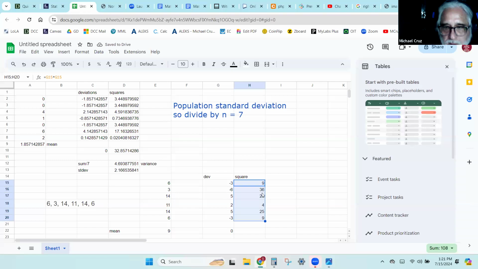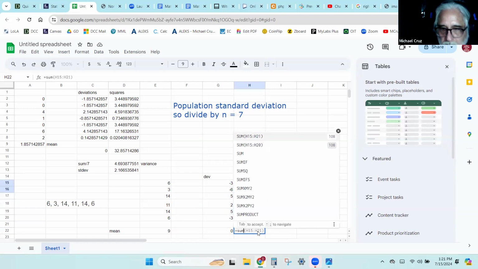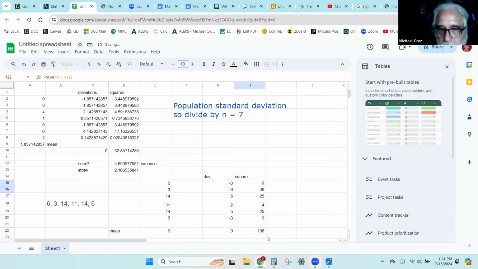So that's right. Then this is the sum for your numerator, 108. And then the final answer is 108 divided by, so this is your variance.